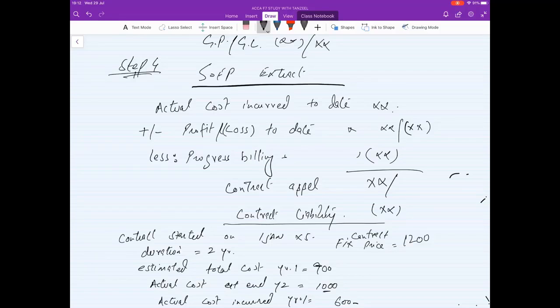If this value is positive, then it is a contract asset. But if it shows a minus, then this is your liability.